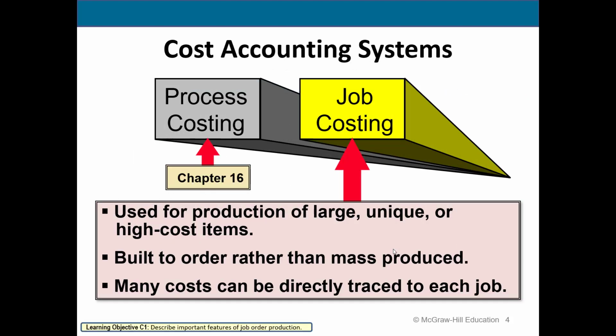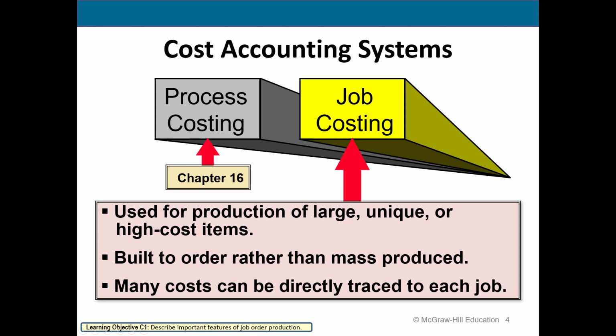So this chapter looks at job costing, and Chapter 16 will look at process costing. With job costing, we're looking at producing large, unique, or high-cost items that are built to order rather than mass-produced. And it also means that most of the costs can be directly traced to each job.